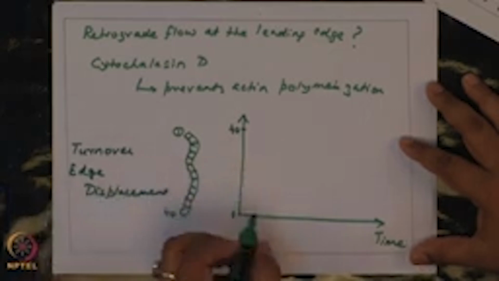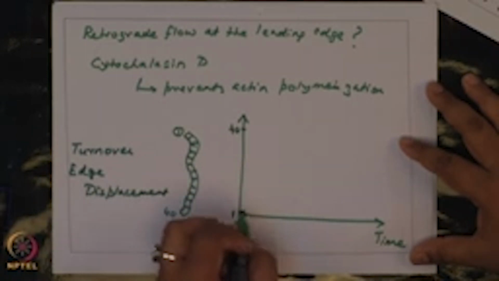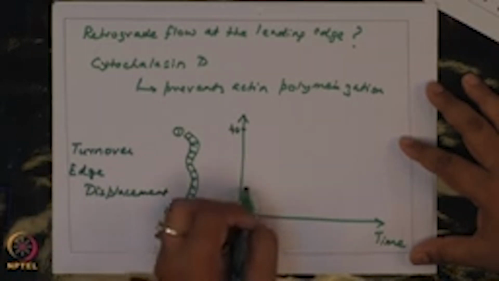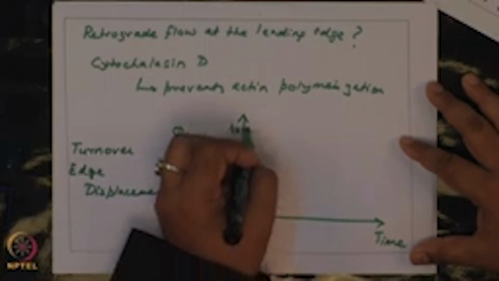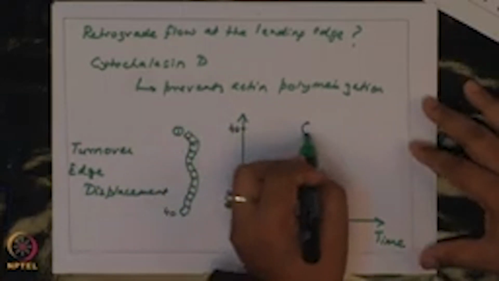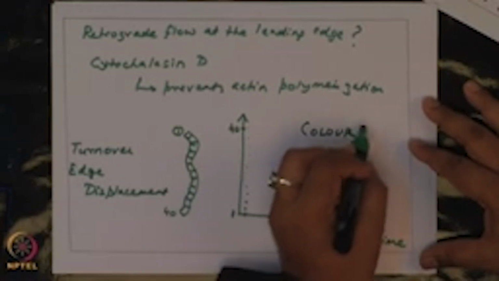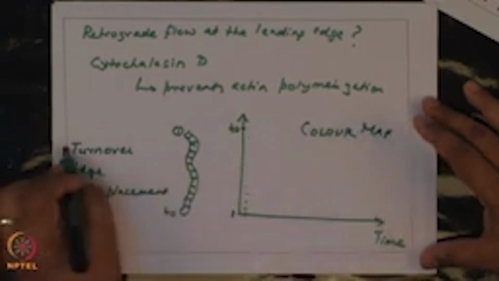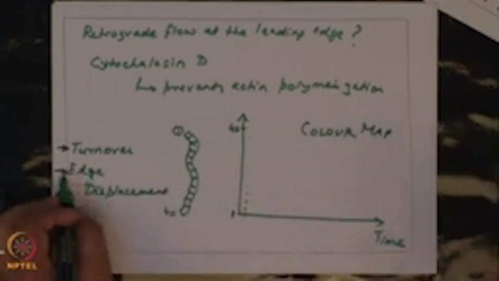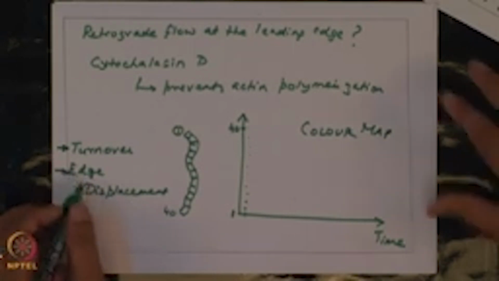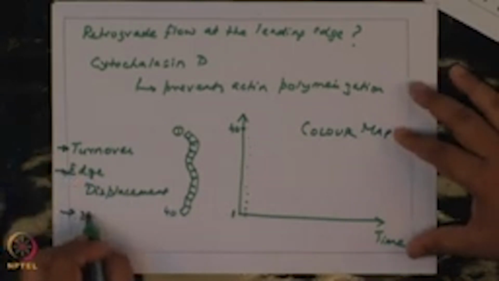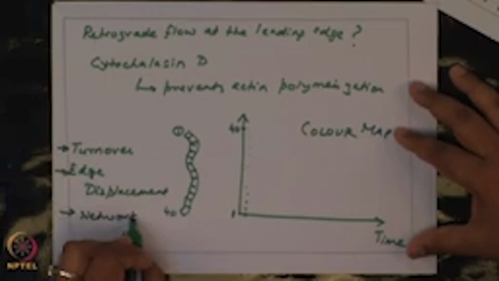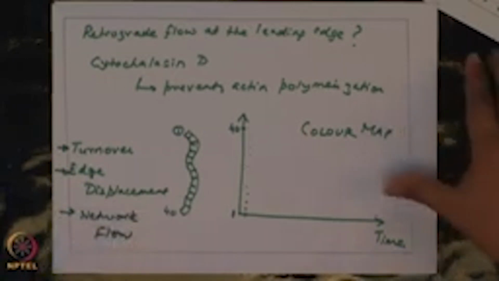At each time step, you plot these values and generate a color map. So, you plot turnover, edge displacement and network flow. Let us look at how it looks under normal conditions.